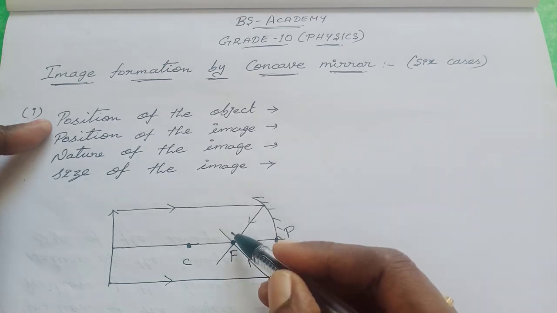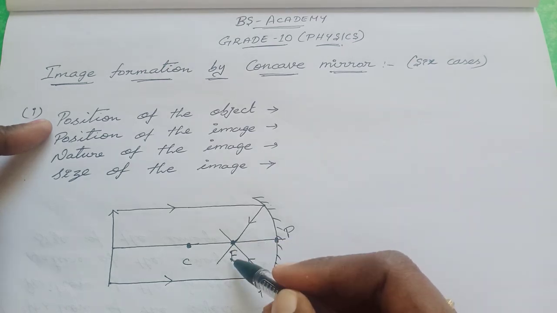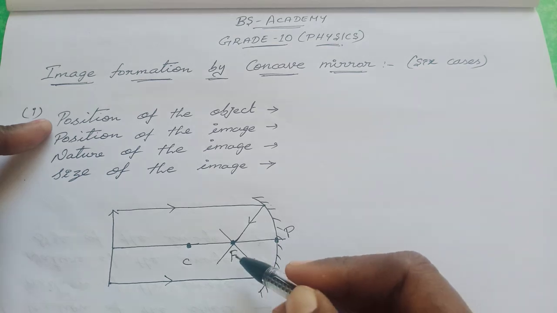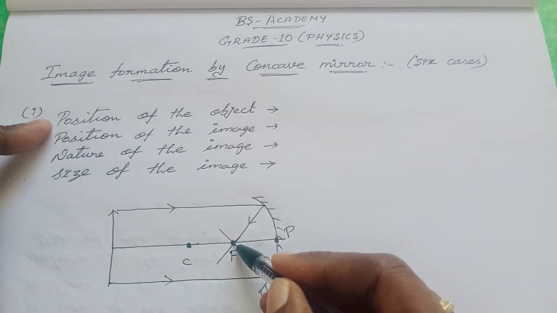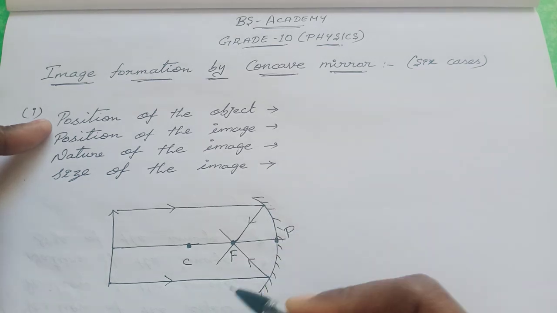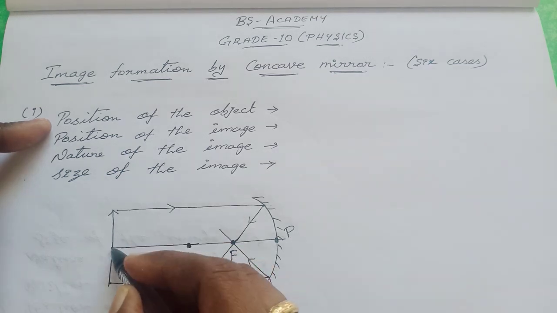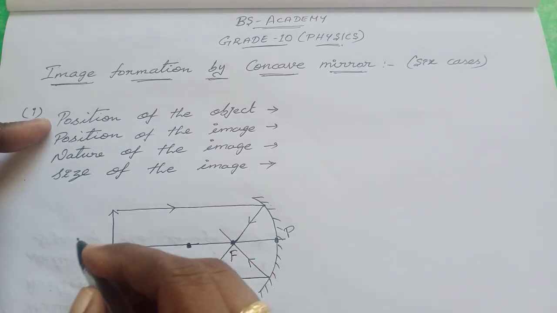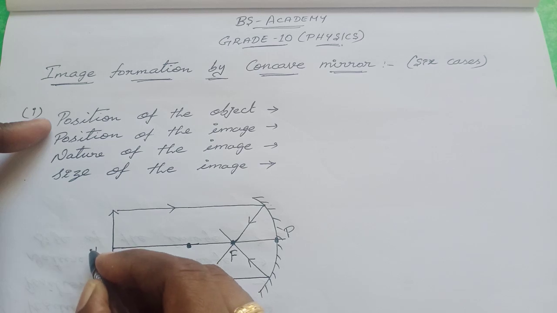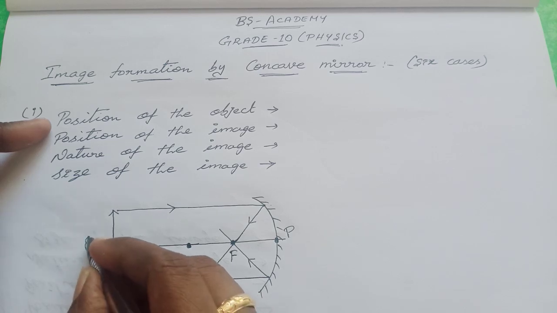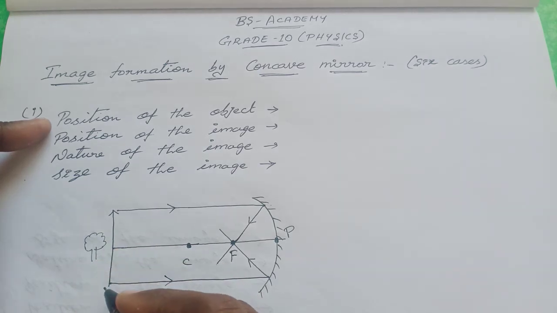We can place the screen over here. At this point we can place the white screen so that we are able to obtain the image. For example, when the object is placed at infinity, you can imagine some object, for example a tree.